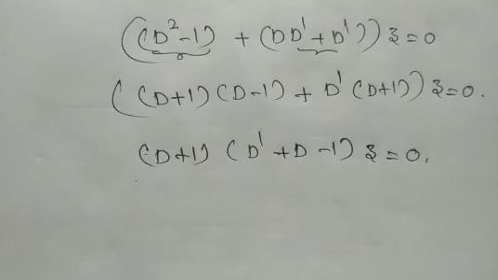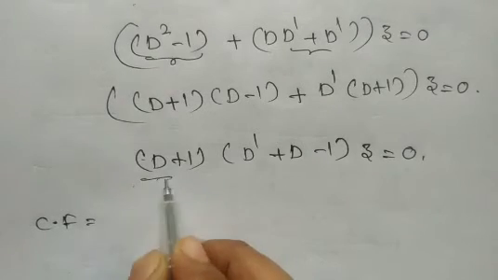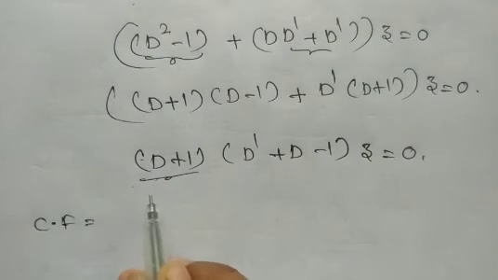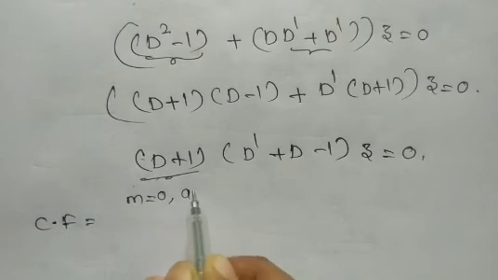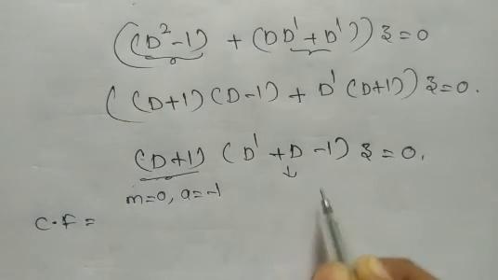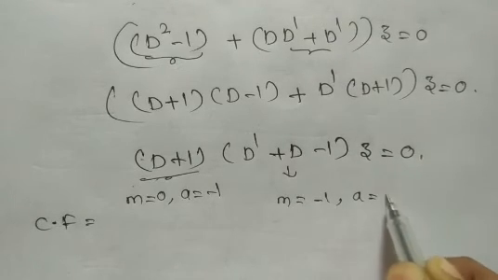Therefore the complementary function: in the first term, m = 0 and a = -1. In the second, m = -1 and a = 1.